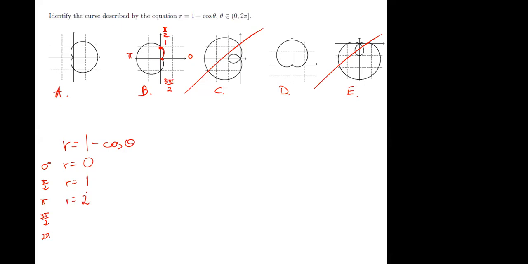Subtracting negative 1, we are adding, so this is 2. Really good. And then 3 pi over 2 will give me again 0, 1 minus 0, 1, and then we come back to 0. This is the correct answer. And you can see it's enough to just check the main axes. Okay, that's a nice and easy question.